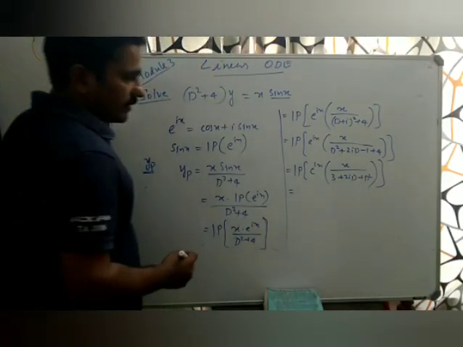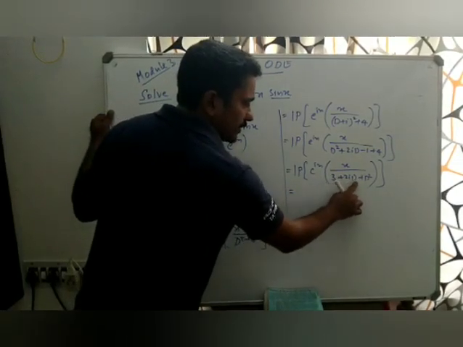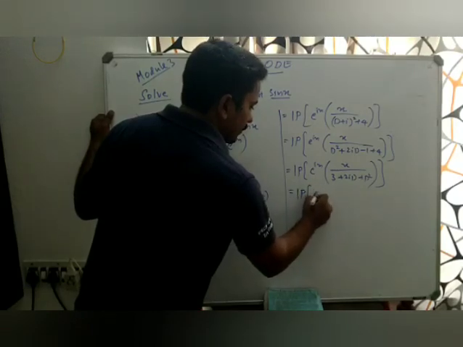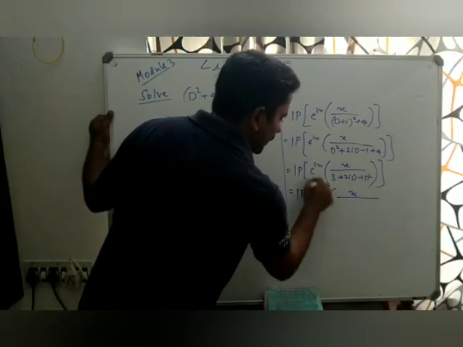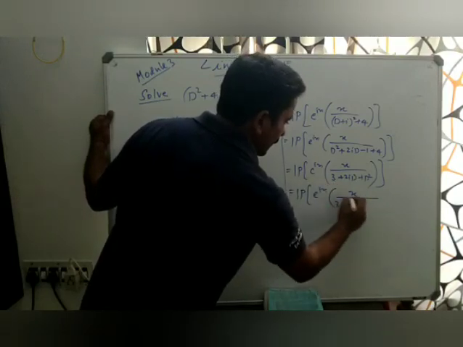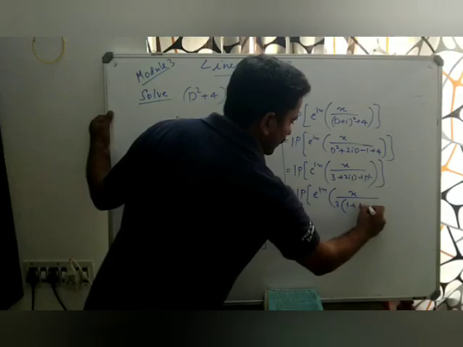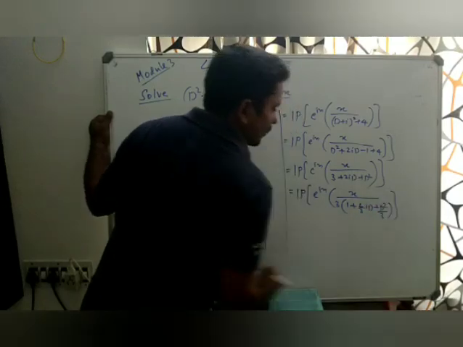okay? And here it's a polynomial function, so try to convert this as some 1 plus phi of D or 1 minus phi of D. So imaginary part of e to the power ix times x over, we take out 3 times 1 plus 2 by 3 iD plus D square by 3. This is what you will get.